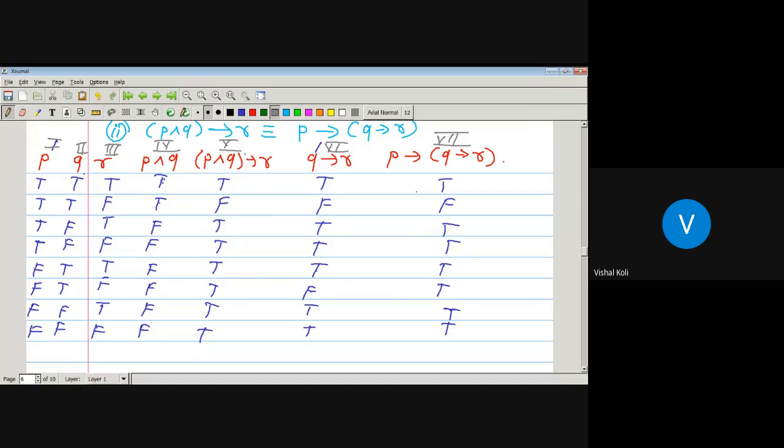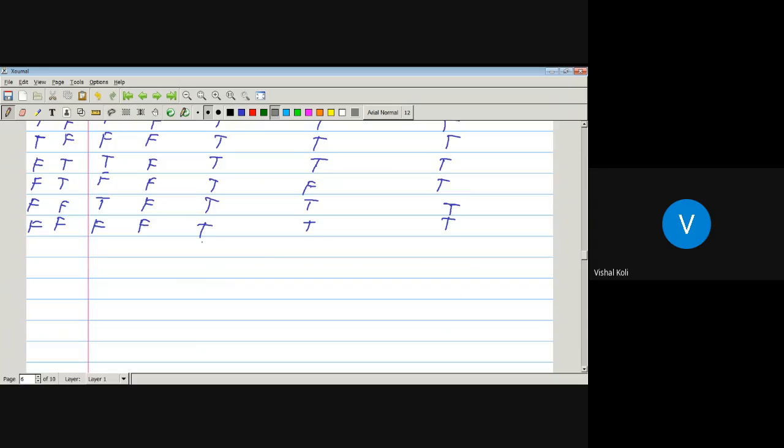Column 5 and 7 are identical, which implies (P and Q) conditional R is equivalent to P conditional (Q conditional R).